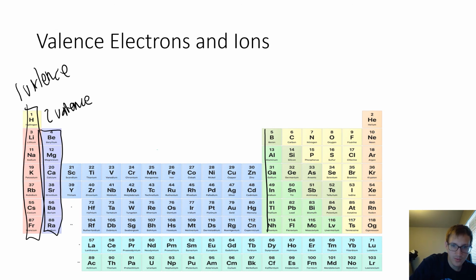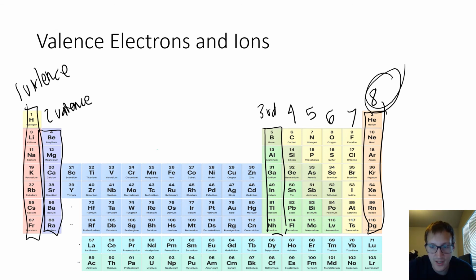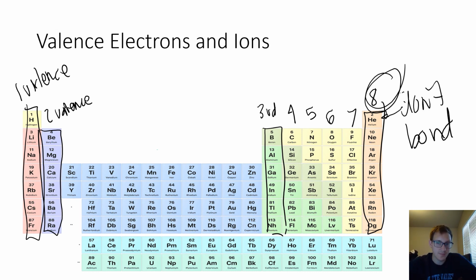This group always has 3 valence electrons. This one has 4, this one has 5, this one has 6, this one has 7, and these ones have 8. Okay, so if I go back to why the noble gases don't bond with anything, that's because they've already satisfied the octet rule. Okay, and in helium's case, helium already satisfies the duet rule. Okay, that's why these don't bond. They don't bond because they already have full outer shells.